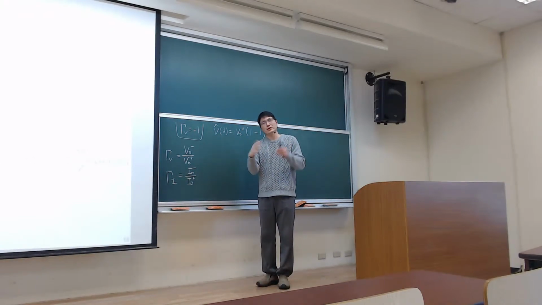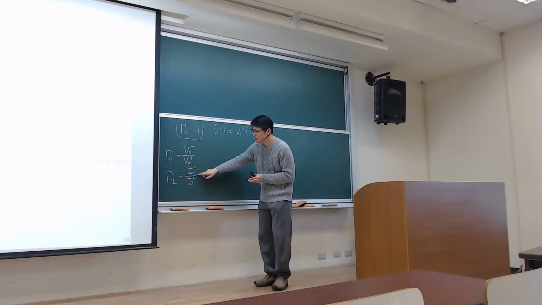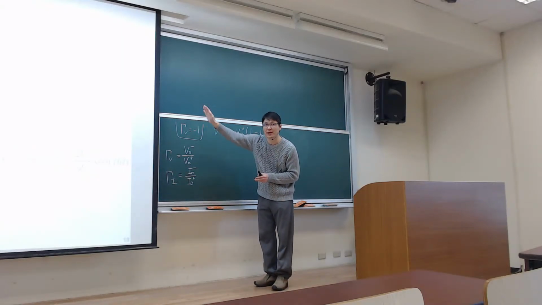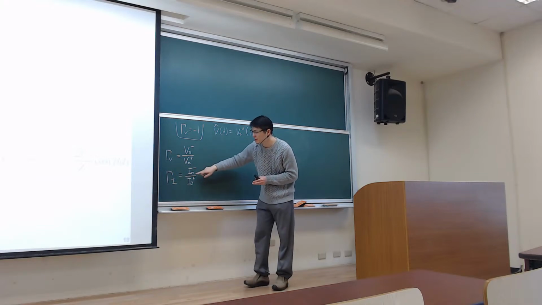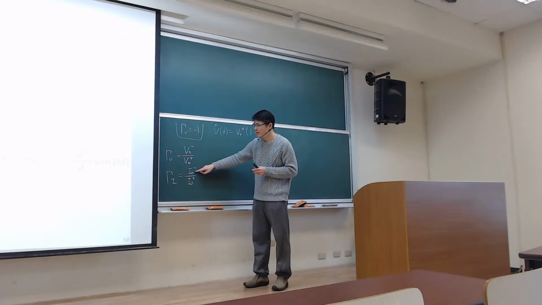Go back home, you're already at home. Go back after the class and try to derive everything using the definition of gamma I as defined by the reflected current amplitude to the input current amplitude.